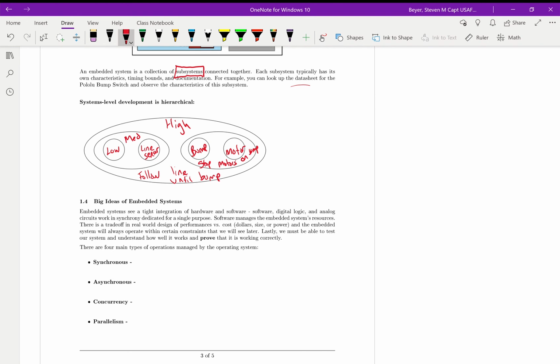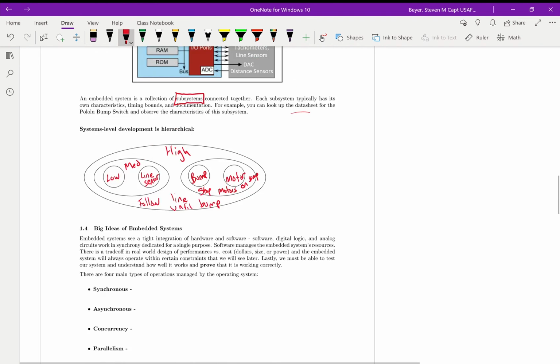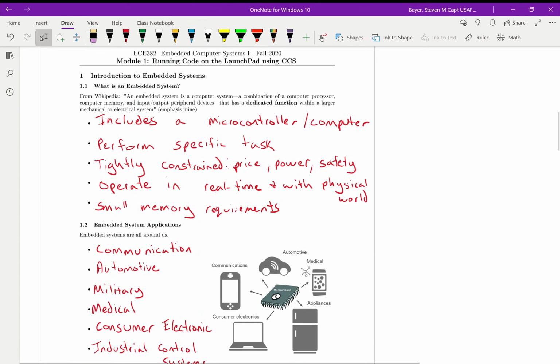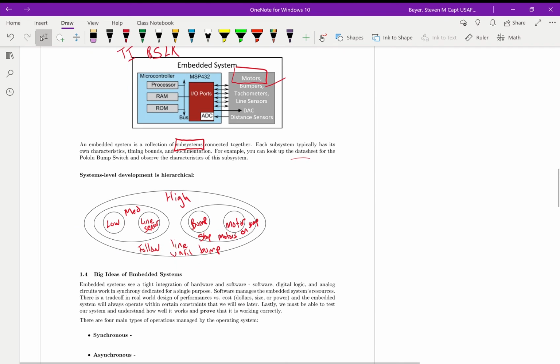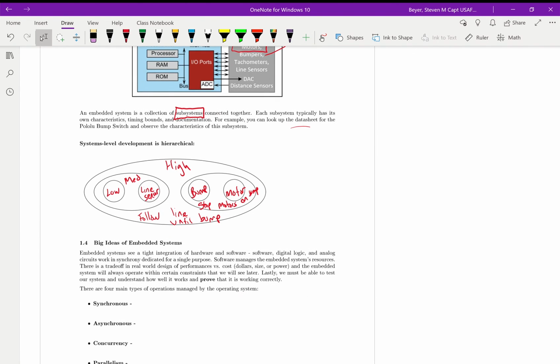That is basically thinking of that dedicated function. The overall function of the robot here will be driving and following a line through a maze until a bump. That's where you get your high. So our low was the bump and motors, maybe the line sensors. Medium was stopping the motors on a bump. Maybe on the left side of the line sensor, if it's left of the line, drive one motor faster than the other. And now our overall high system is that primary task we were trying to do.